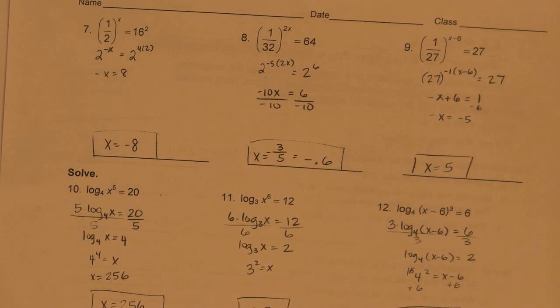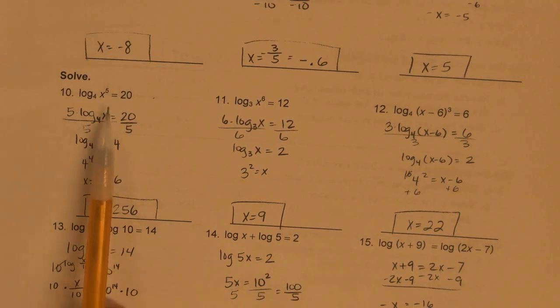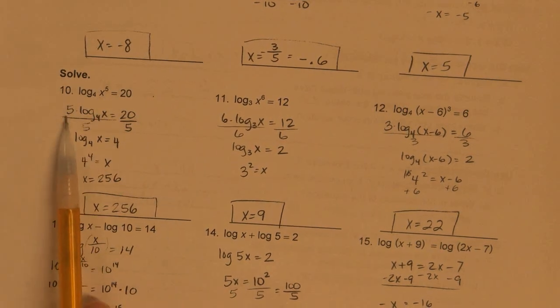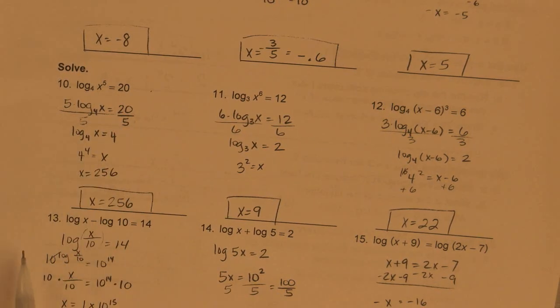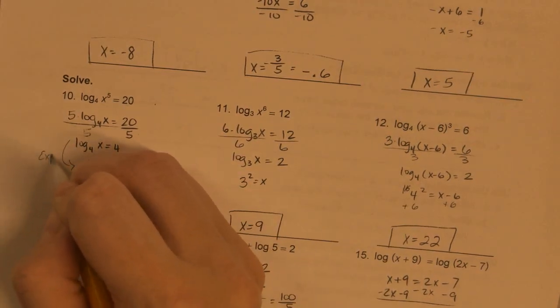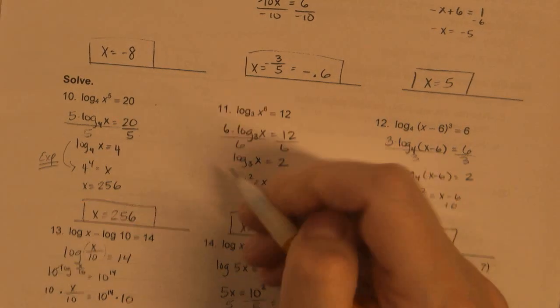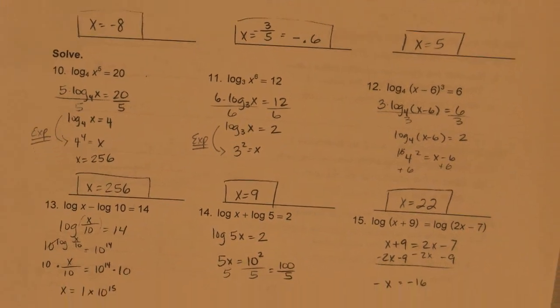Yes, I will. Let's look at this row. This one you're solving. These are the ones where you have to put the power in front and then you divide each side. And then don't forget that you can rewrite using the exponential function. Okay? Anytime you get to a single log, you rewrite it with an exponent.